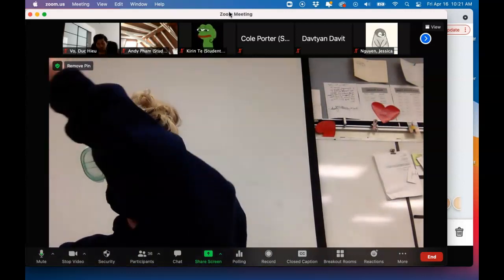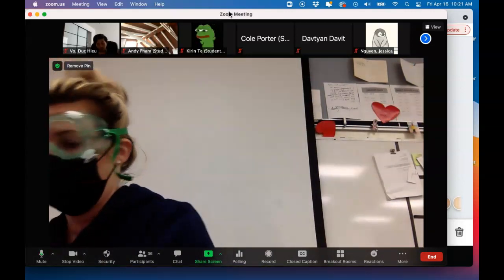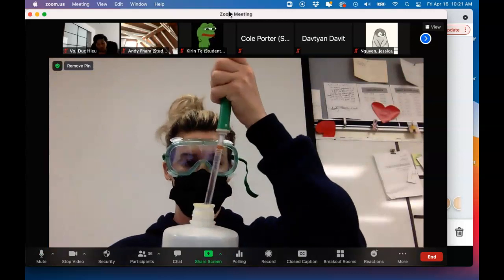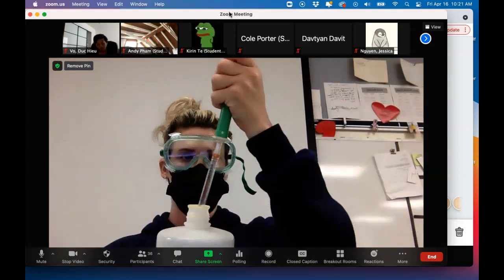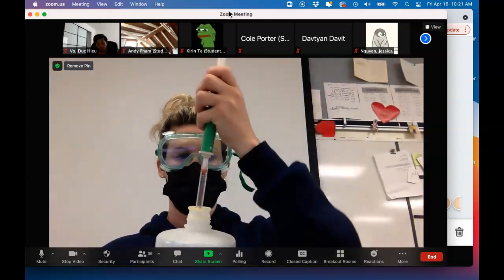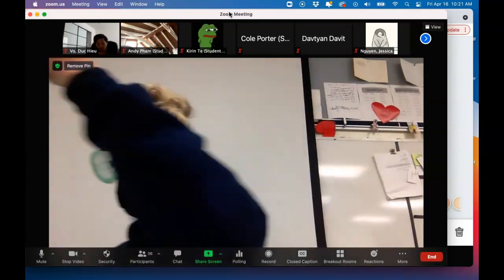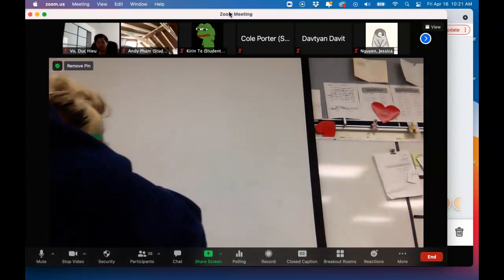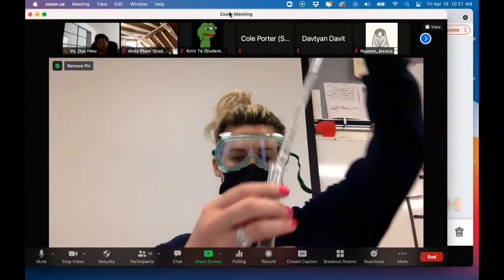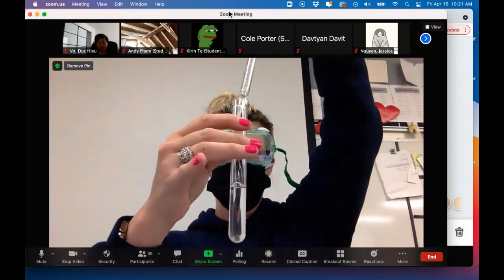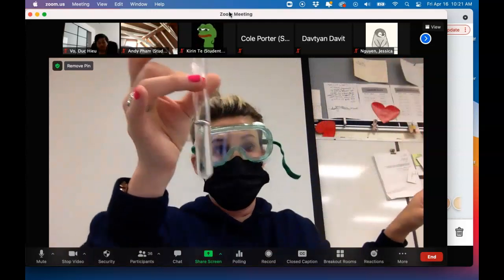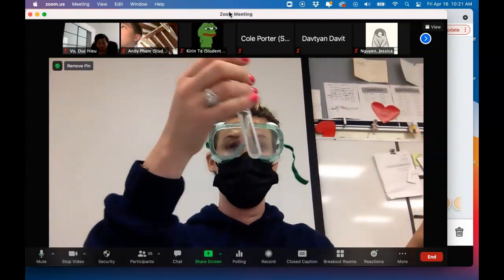I'm going to use a pipette to do this. That's good. Aqueous solution. It's even colorless.